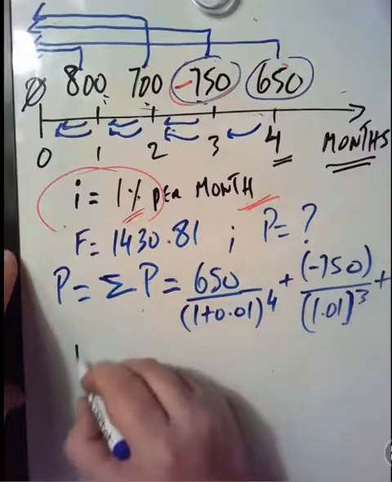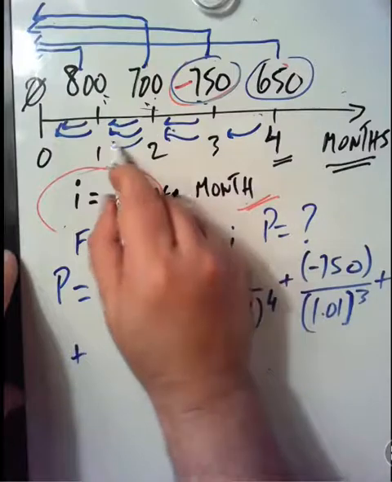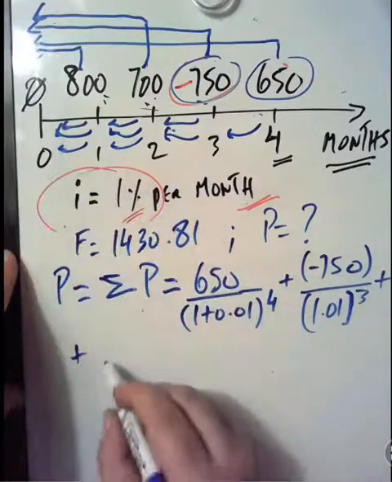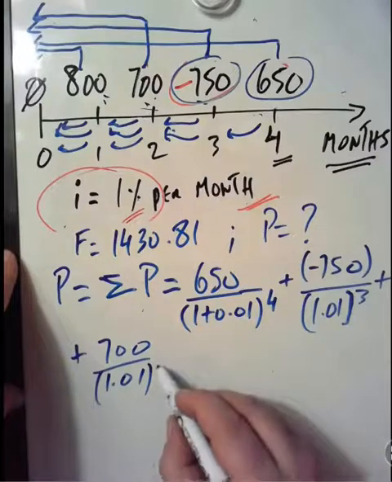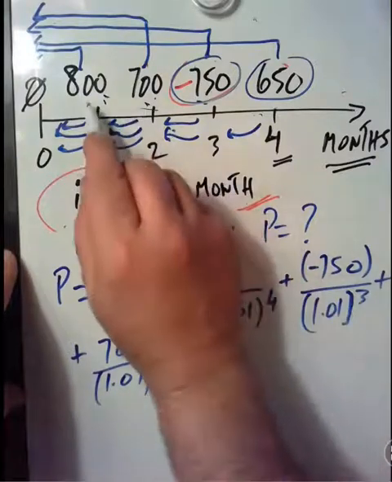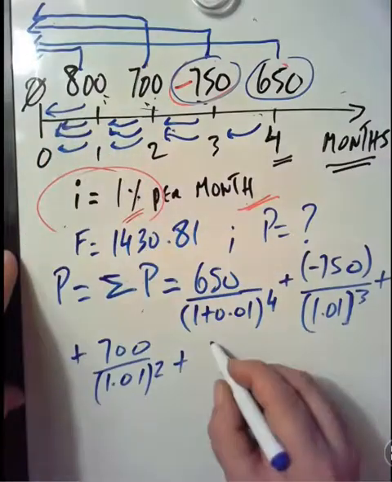plus the $700. I'm going to push them back 1 month, 2 months at 1% per month. And then the $800 just needs to be pushed back 1 month.